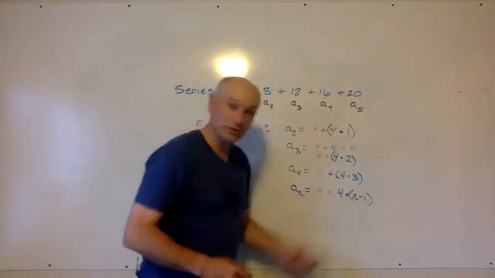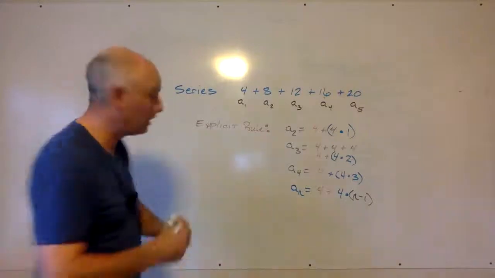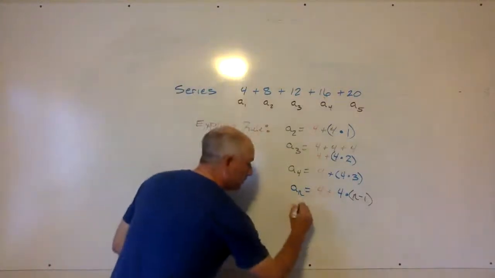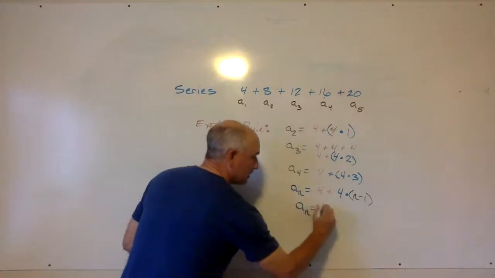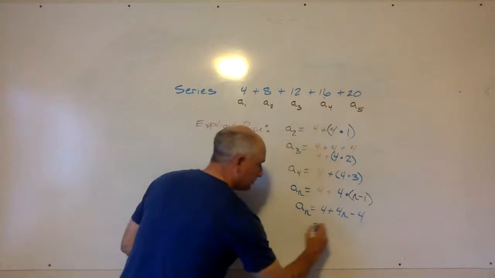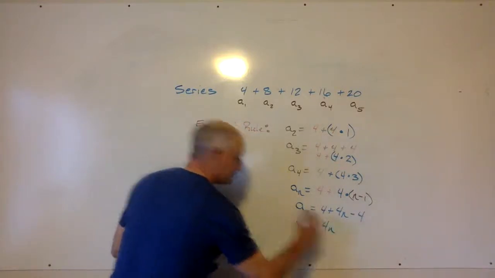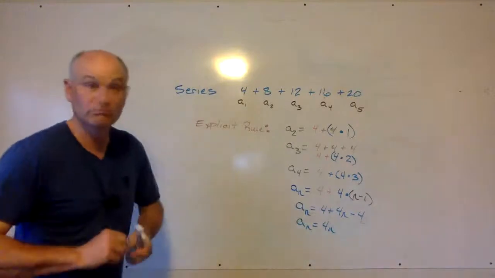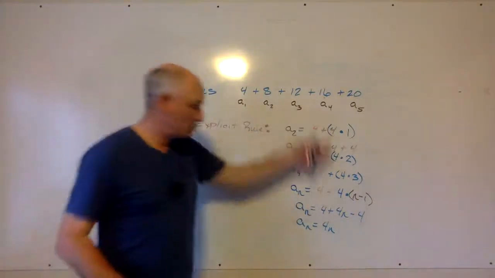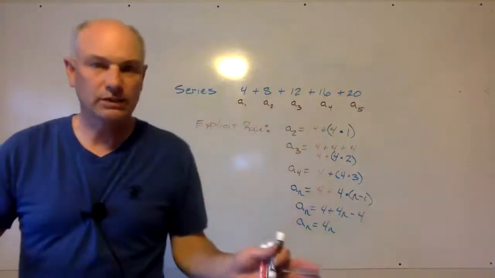Now, what we'll do, we'll just clean that up just like we did in the first section, 12.1. And we would get to say, with a little bit of work here, that a sub n is equal to 4 plus 4n minus 4, or we could just say 4n. 4 times 1, 4 times 2, 4 times 3, 4 times 4. This is one way to do it. If you came up with this right away, awesome.